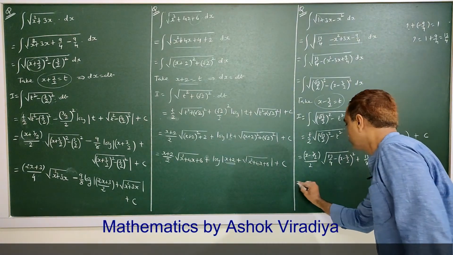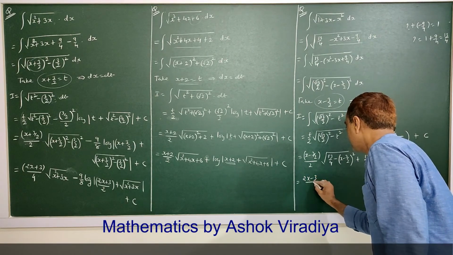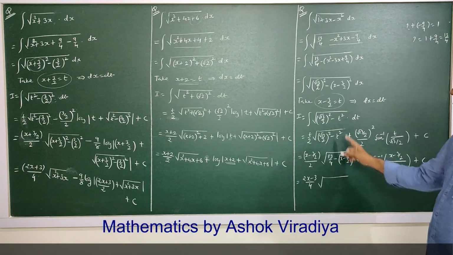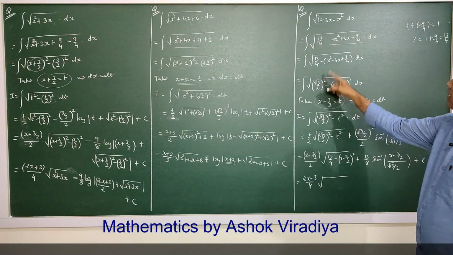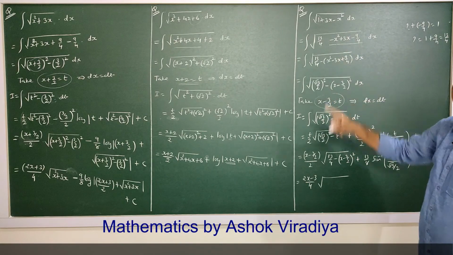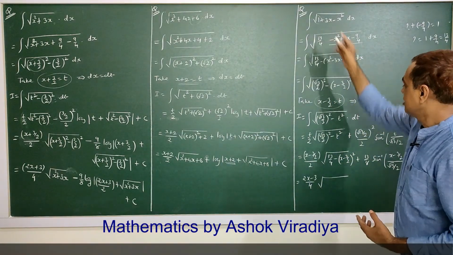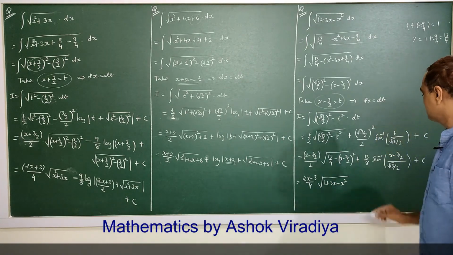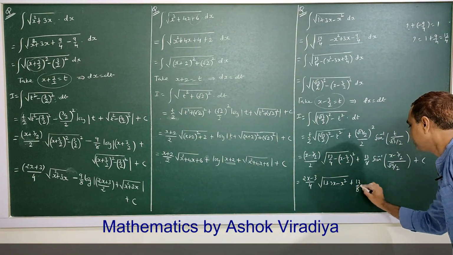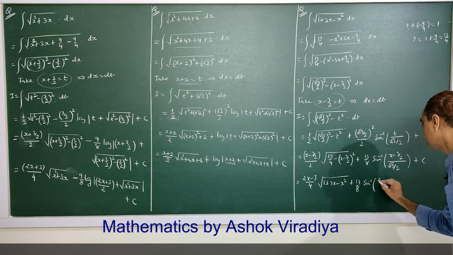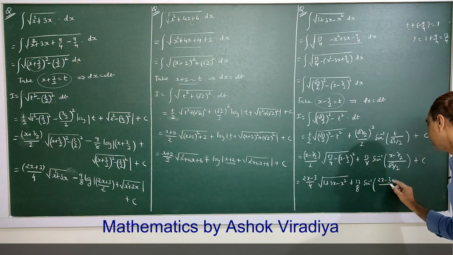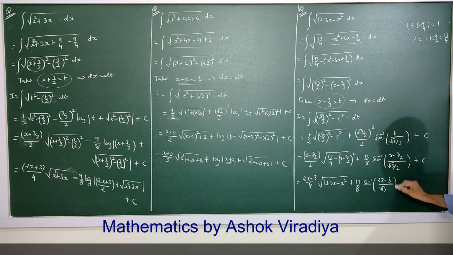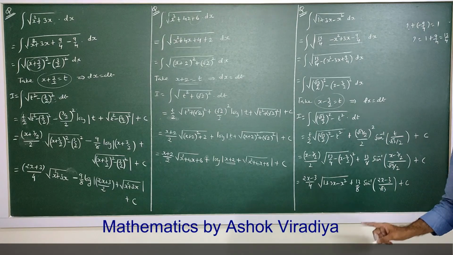So this is equal to 2x minus 3 by 4 square root of, now its simple form. Its simple form is 1 plus 3x minus x square. So its expanded form is 1 plus 3x minus x square, plus 13 by 8 sine inverse of 2x minus 3 by root 13, plus c. It is the required integral.